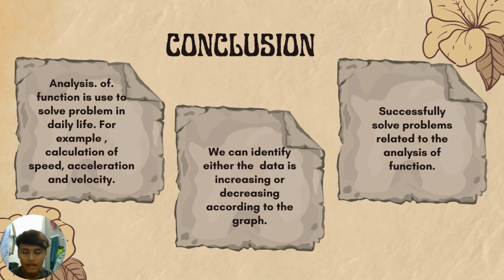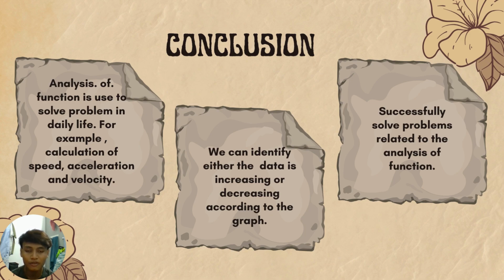Okay guys, after we have discussed analysis of function 1 and analysis of function 2, what we can conclude is, the first conclusion is that analysis of function is used to solve problems in daily life, for example, calculation of speed, acceleration and velocity.